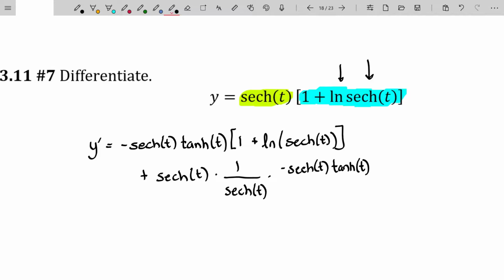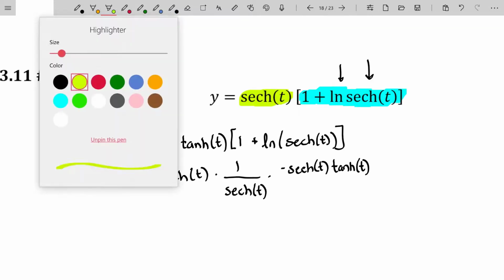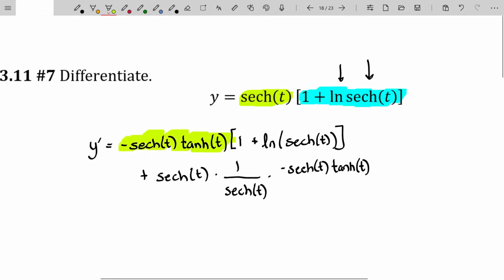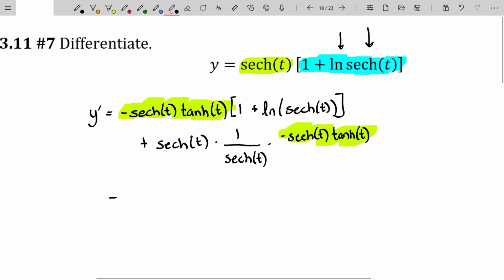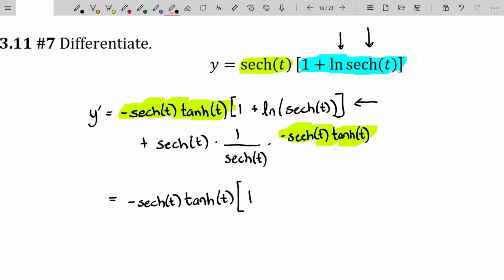Also, you could see that both terms in this derivative have a negative sech tanh. So I'm going to factor that negative sech of t tanh of t out. We'll be left with, on this first term right here, 1 plus the natural log of sech of t.